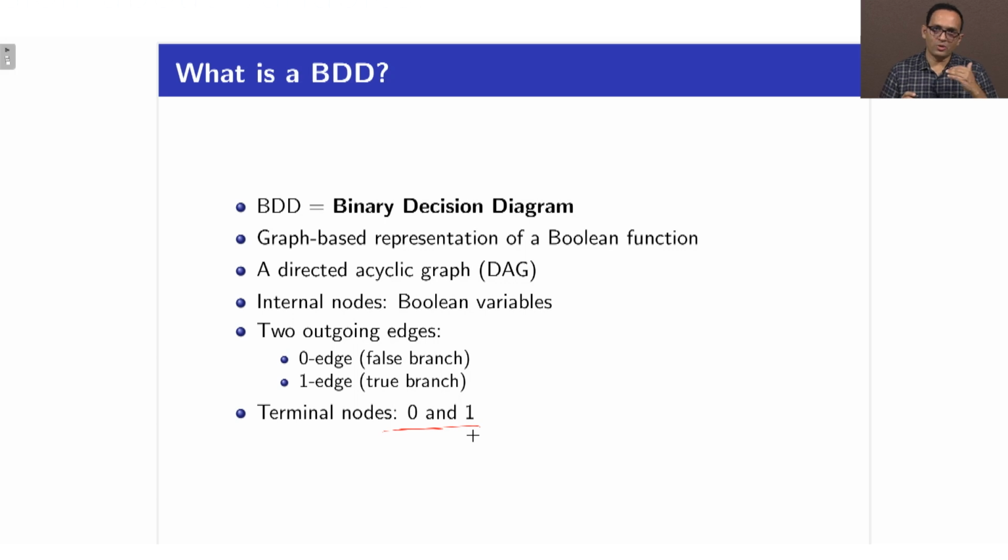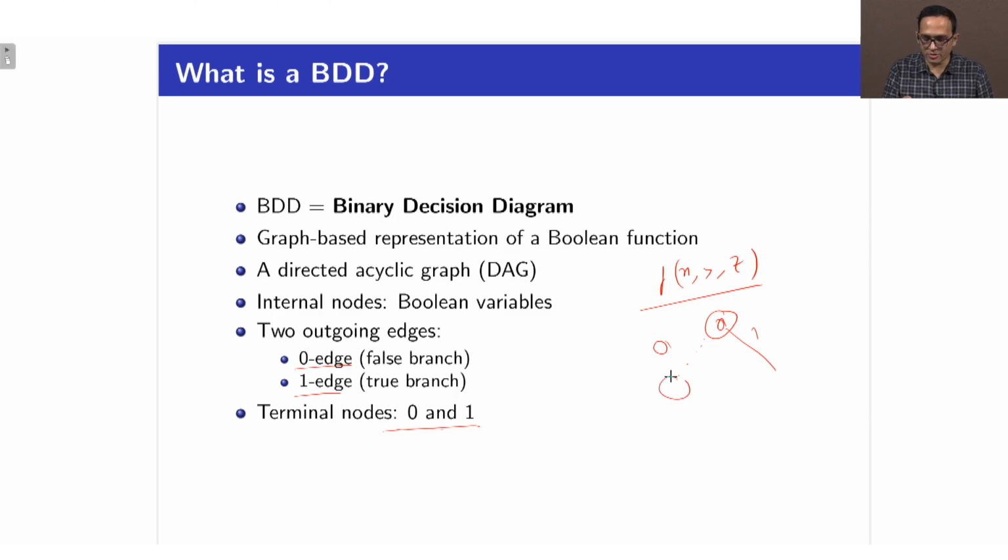So, effectively what I am saying is that if you have a function of, say, x, y and z, I will have a node on x, and it will have two outgoing edges: one is called the 0 edge and one is the 1 edge. So, say this is my 0 edge, this is the 1 edge, right. Then we will have the nodes corresponding to y and z.